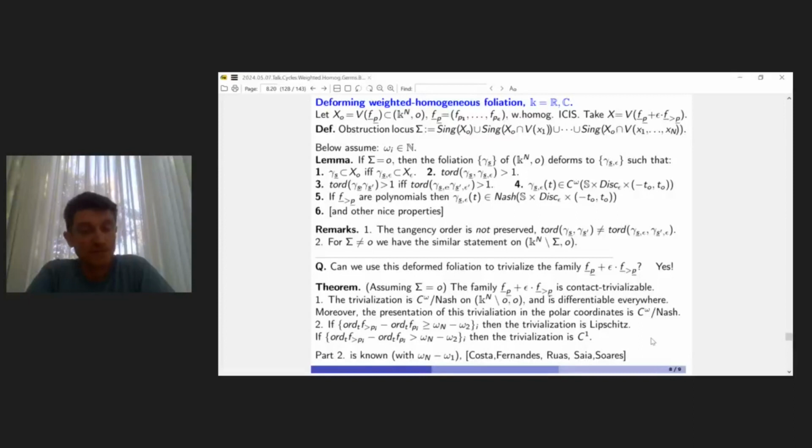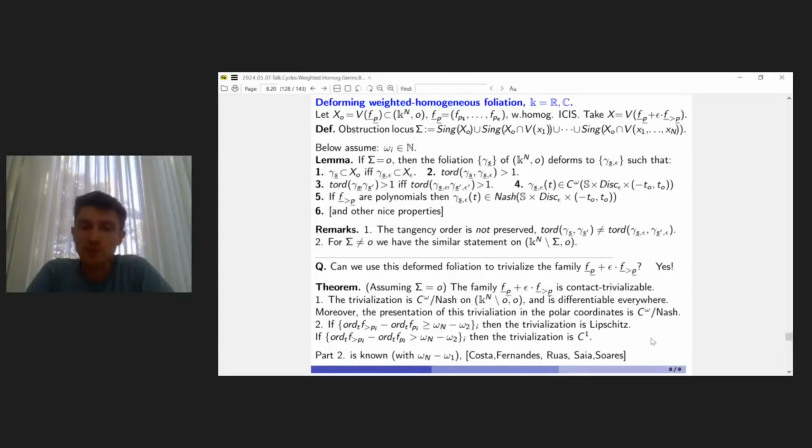what was the result of Alexandra and Maria Aparecida on that? Right, exactly. If you have Lipschitz triviality, then in their case it implied a differential triviality. Am I right?